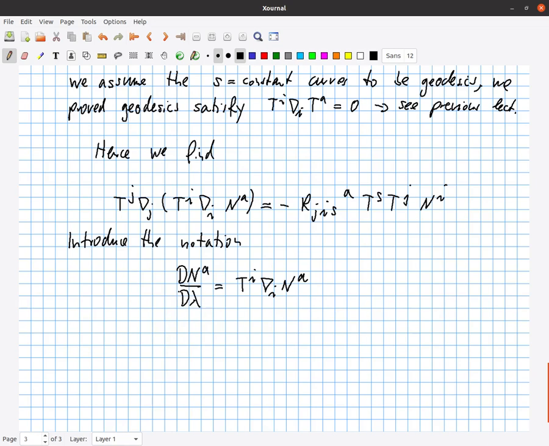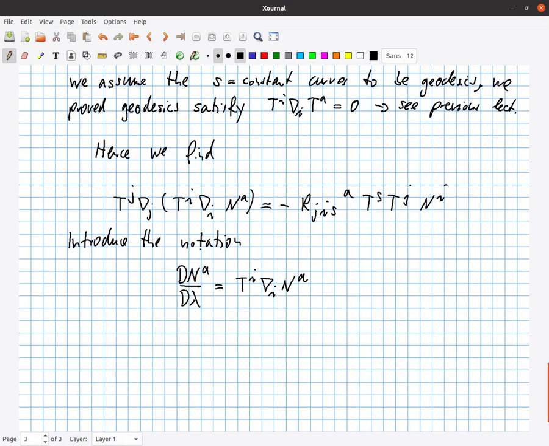It is sometimes called the Lagrangian derivative in fluid mechanics, or also the convective derivative, because we are interested in the derivative along a flow. Your flow here is given by the tangent vector of the geodesics. Most of you will have seen something like this before, obviously never in the context of differential geometry, but this kind of derivative along a flow is not a new concept.